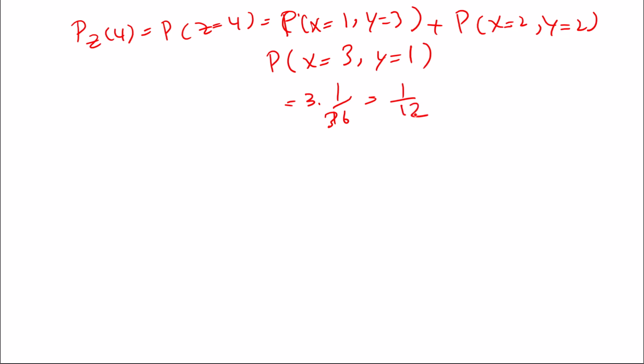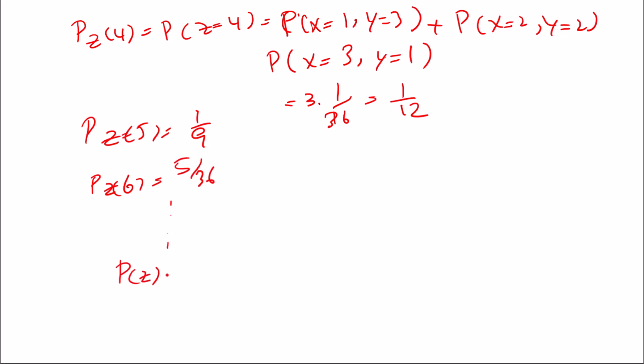In the same way, P_Z(5) is equal to 1 by 9, P_Z(6) is equal to 5 by 36, and up to P_Z(12) is equal to 1 by 36. And the last one, we want to find out P(X=4, Z=8).